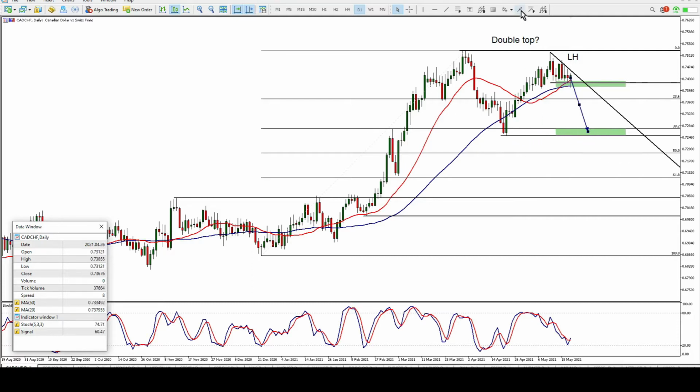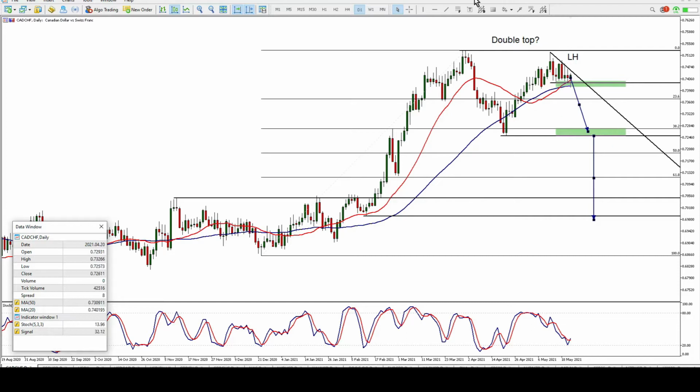So if that happens, then the next level that we have to pay attention to is, maybe we can take the width of the formation here and use this as a predictive tool, and that takes us down to roughly this level here. This was a support there some time ago, and the low there is 69.90.